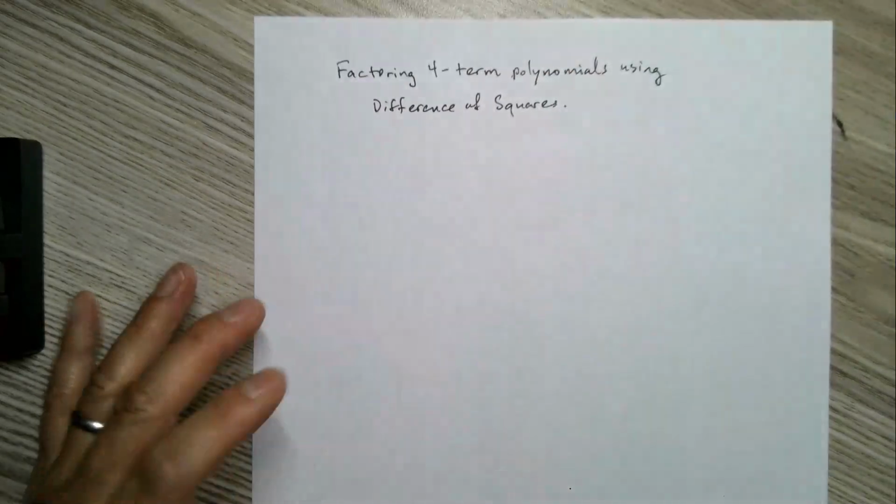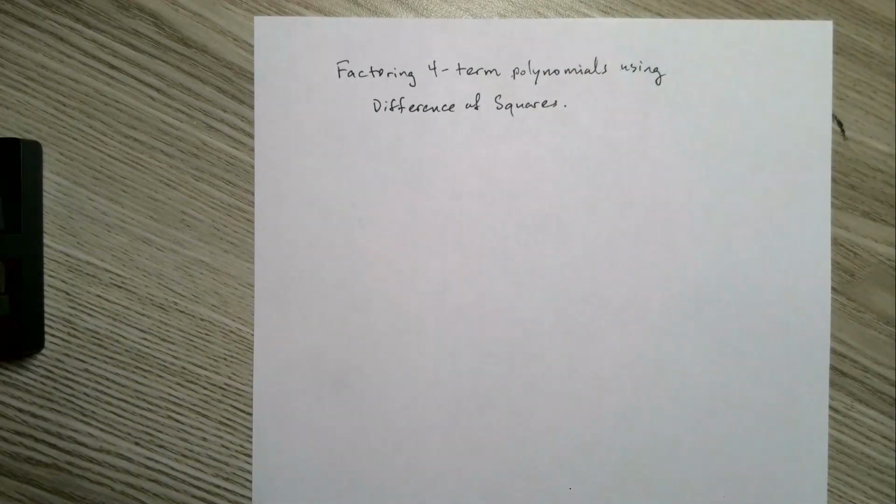Okay, so you're going to see 4 terms, but I'm not going to take GCFs out. I'm going to use difference of squares.